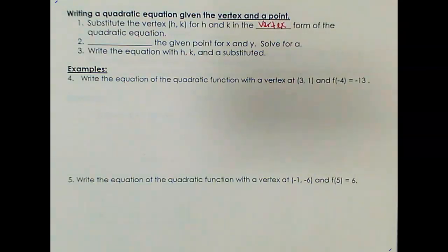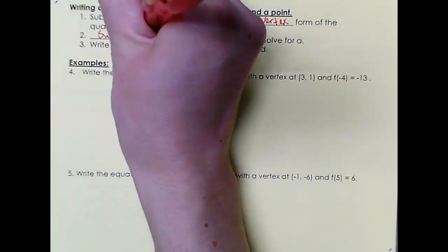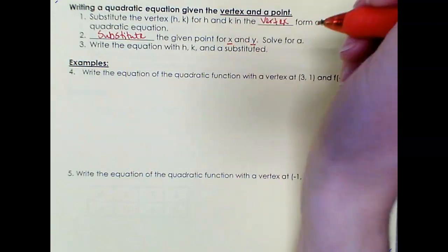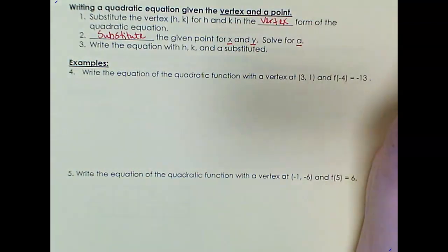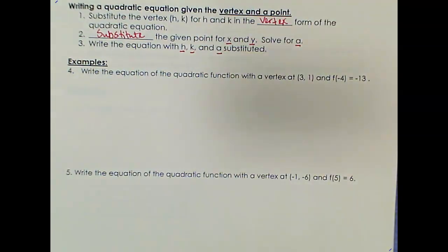We're still going to be missing the a value, so we still have to substitute the x and the y in the equation so that we can solve for a. And then finally write the equation with the vertex and the a substituted, just like you've seen the last few days. So let's do the first example of this.